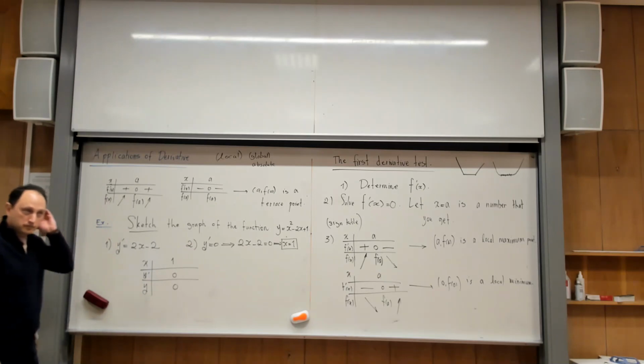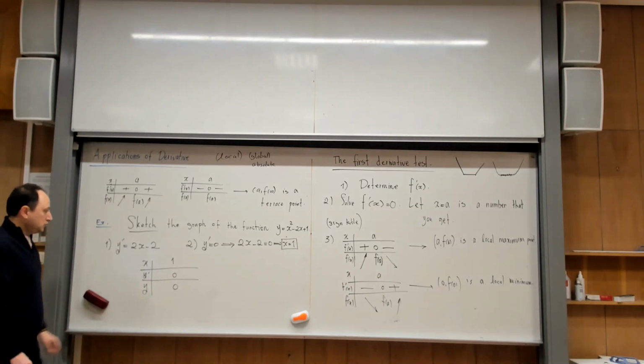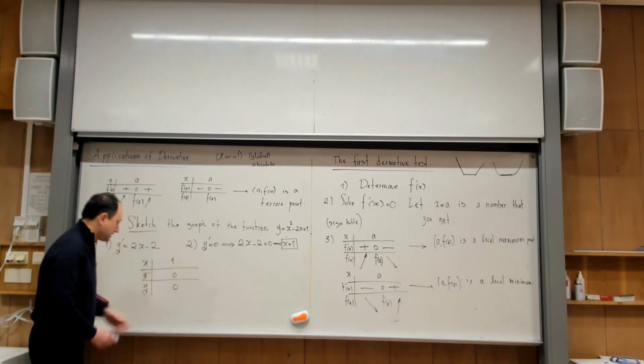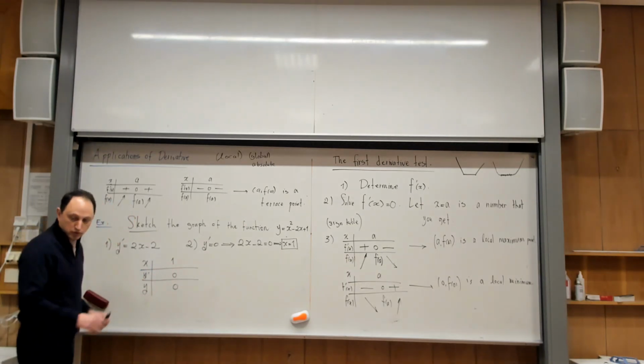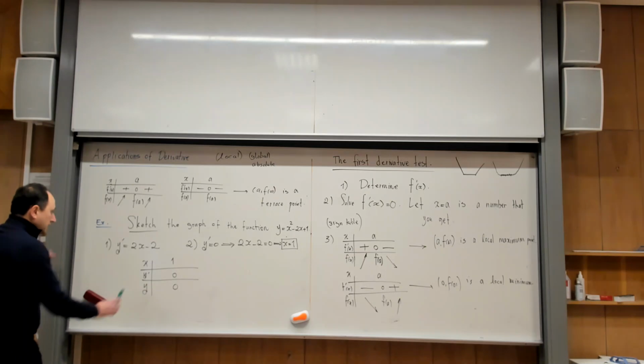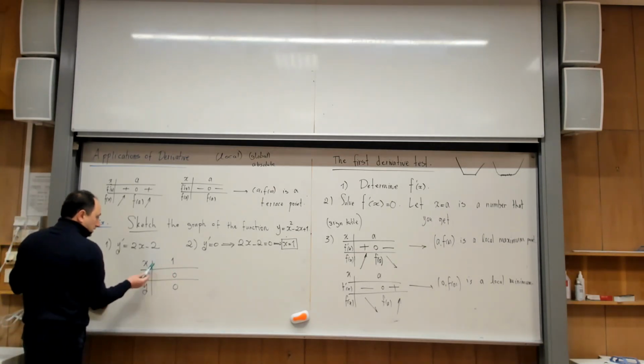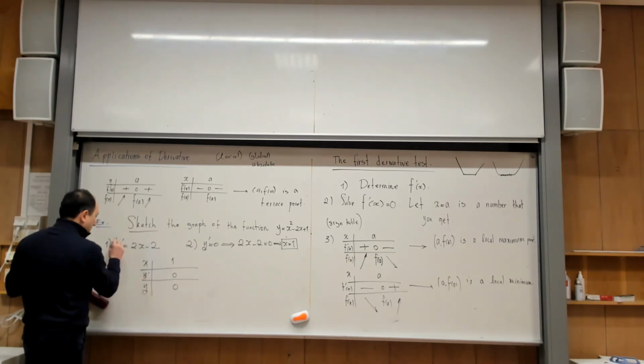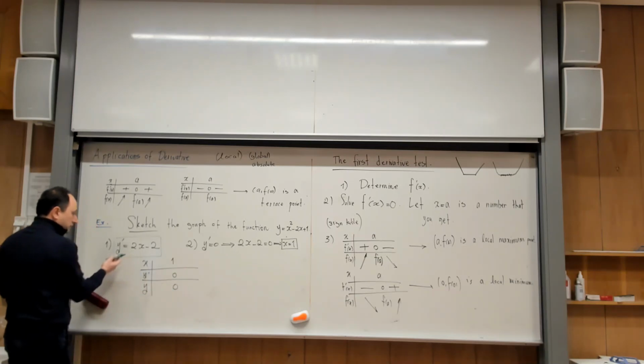Now you need to see whether before this, the derivative is positive or negative. This is the way I want you to do that. Before 1, I need to care about the derivative, and this line is for the derivative.